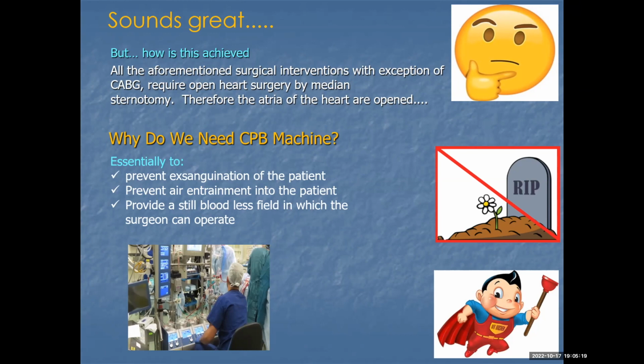It's actually the mere fact of opening the chest, opening the pericardium and exposing it to air. So the real benefits of off-pump surgery are not what we thought they would be, but some surgeons still persist with it because neurological outcomes seem to be slightly better, which we'll touch on later.